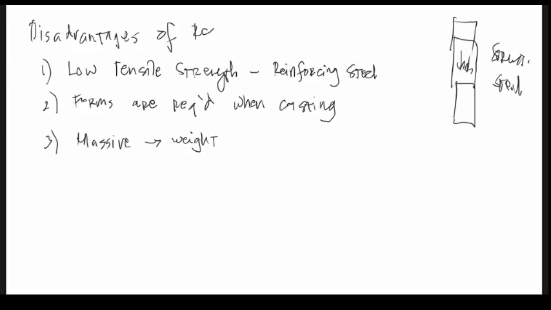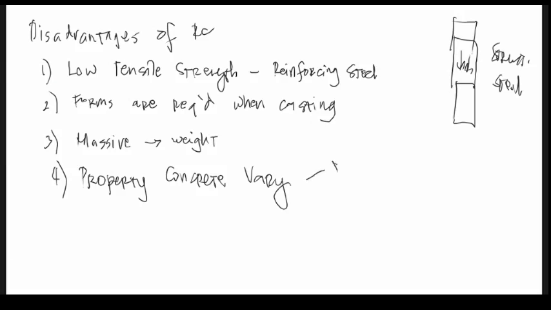So ano pa? Properties of concrete also vary. Depende sa pagtimpla, depende sa paano ginawa, depende siguro sa klase ng aggregate, sa klase ng simento, no? So property of concrete vary widely. Because also, pwede rin sa kung paano minix, di ba?